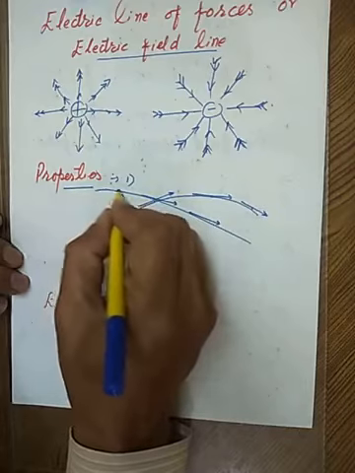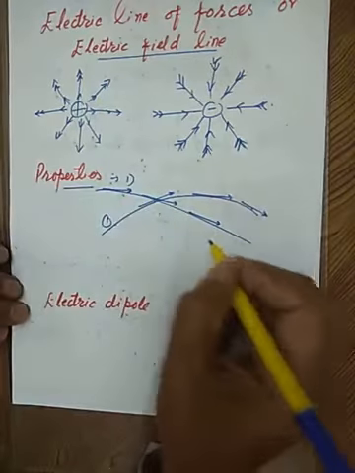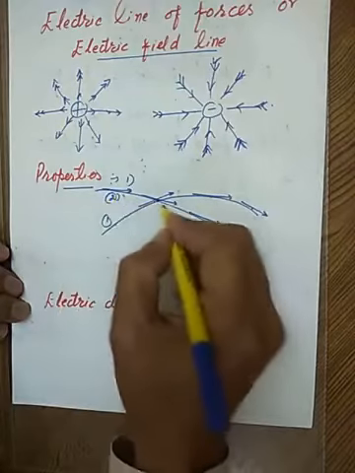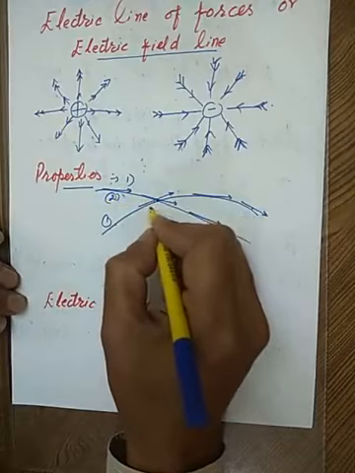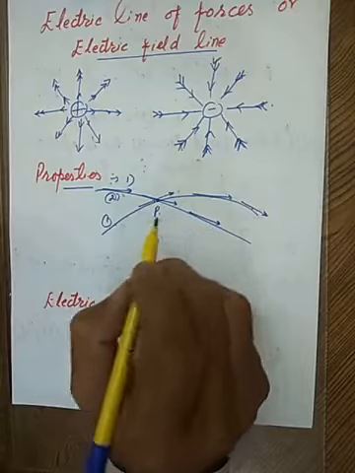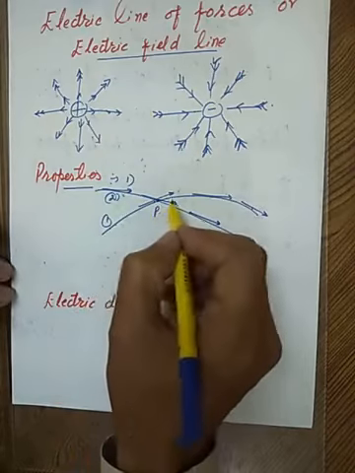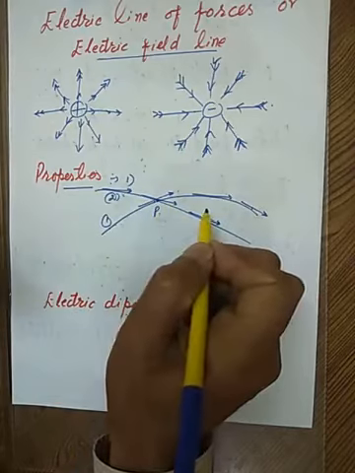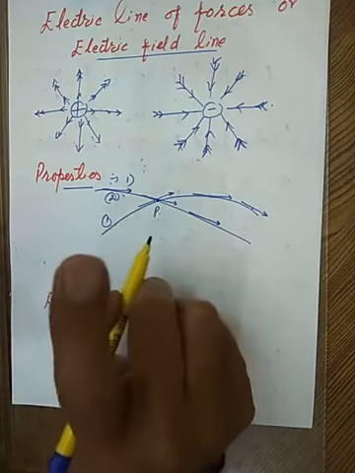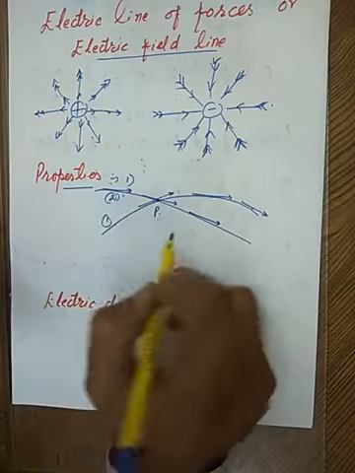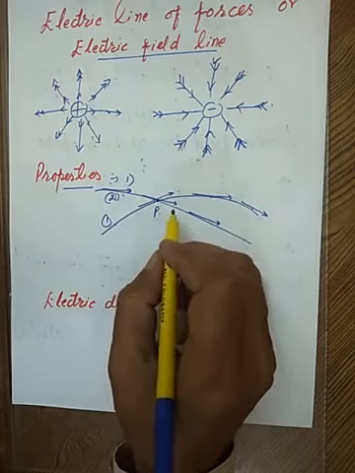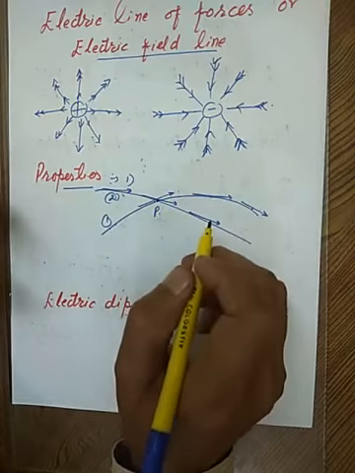At this point P, which is on the first electric line, the direction in which the unit positive charge is moving is one, and on the other it is another. At a time, a given unit positive charge never moves in two different directions. That is why it is assumed that these two electric lines of forces never intersect.